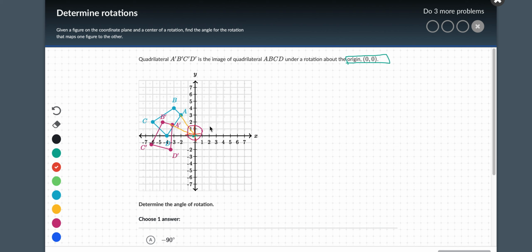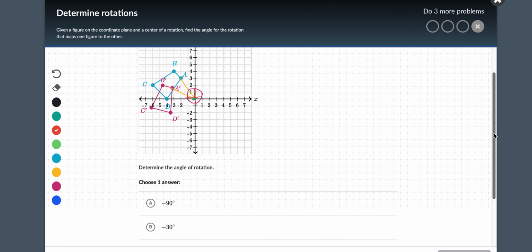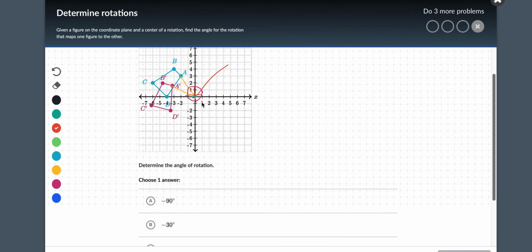And if you can tell, this yellow line doesn't take up a full quadrant. It only takes up part of one. So if you look at this inner part, it's only about 30 degrees here. So our answer is going to be either negative 30 degrees or 30 degrees.